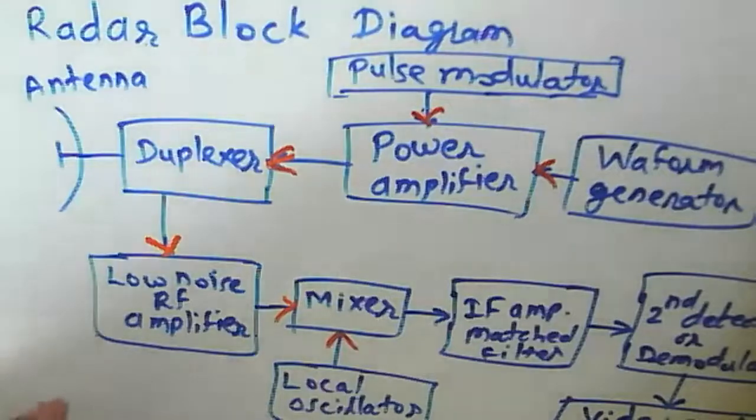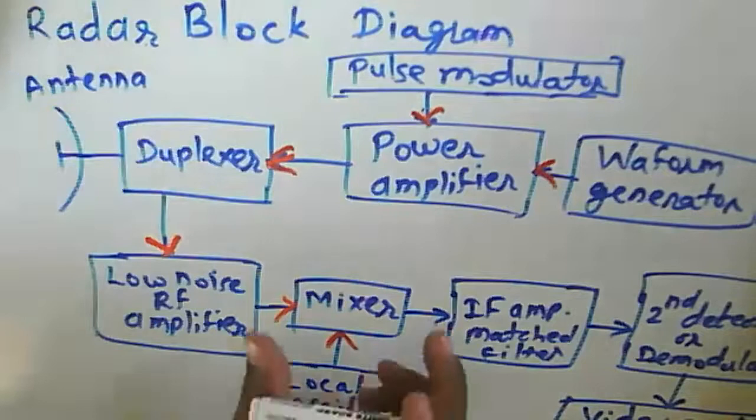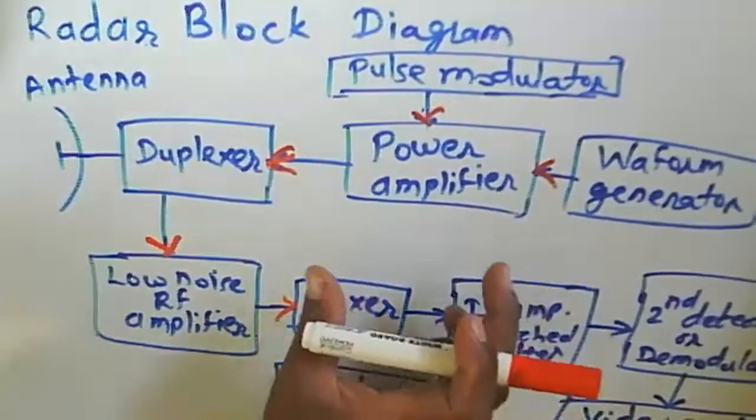So we can use any device that will work at a higher frequency, or for a specific given band of frequency. Generally, people are using a klystron or a traveling wave amplifier, or if it is a small radar, it is made up of solid state devices. Then we consider solid state components to generate the radar signal, such as a Gunn diode.